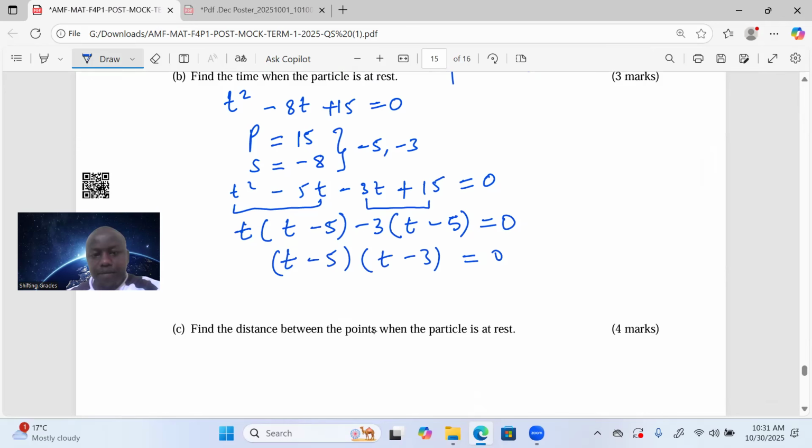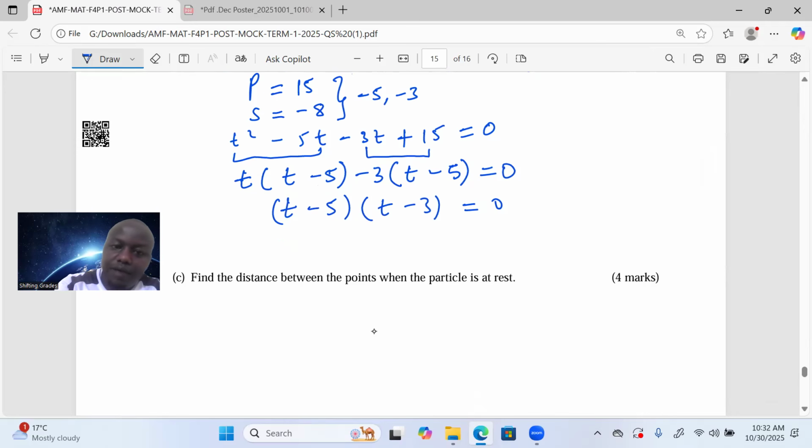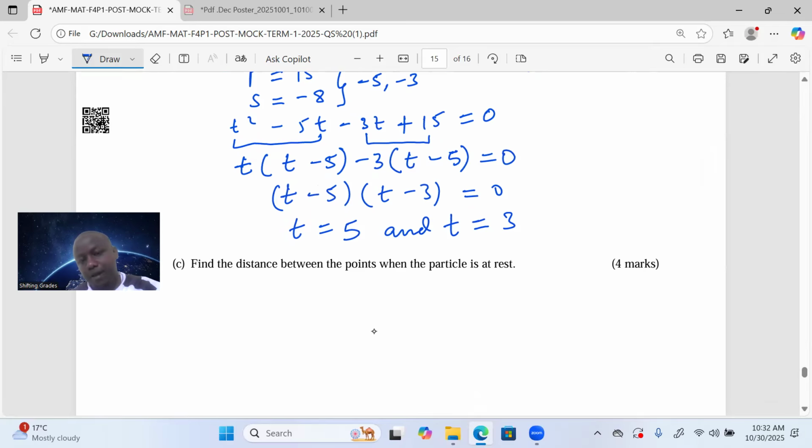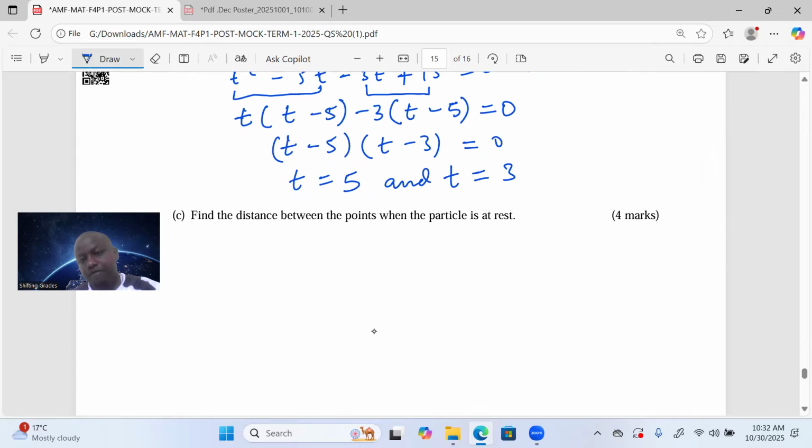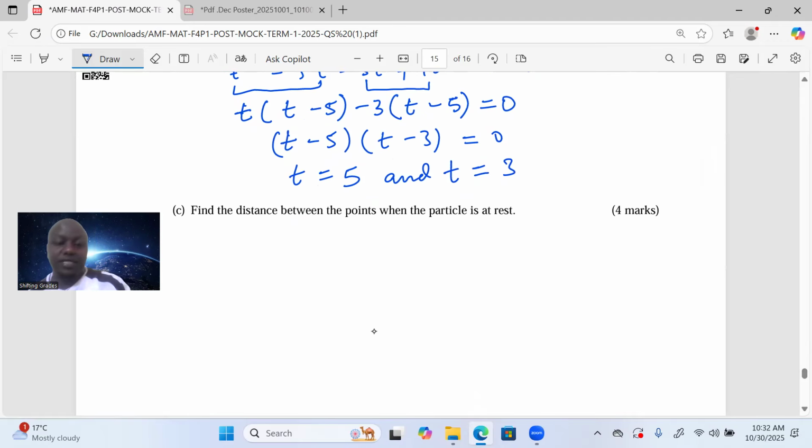With that, can we talk about the first t being equal to 5 seconds and the second t being equal to 3 seconds? Yeah, 5 and 3. So those are the moments when the particle is momentarily at rest. Then look at the next question after that.